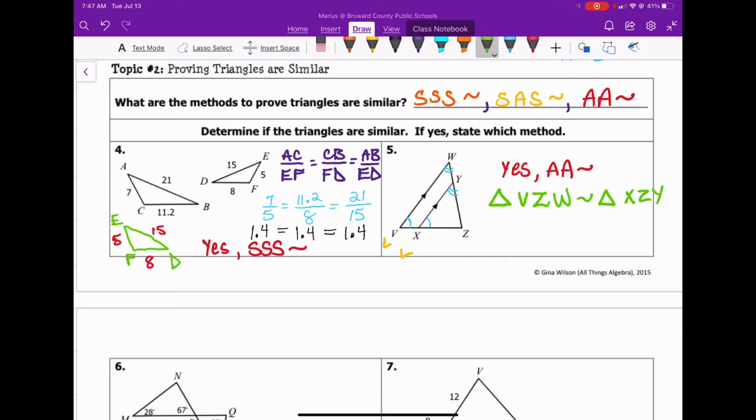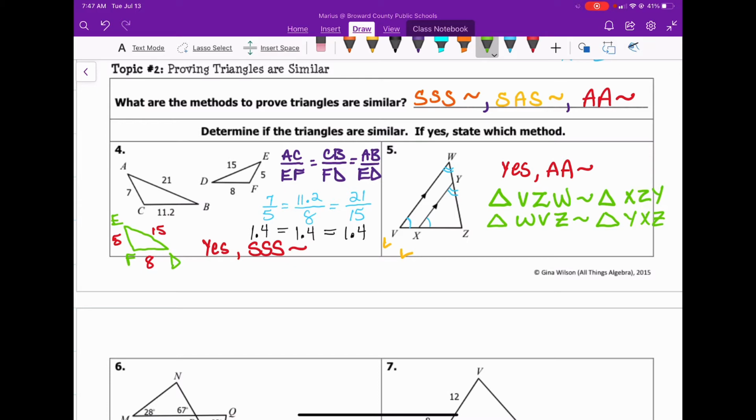And you can change the order. For example, I could have written triangle WVZ, but then I would have to say that that's similar to triangle YXZ. The order doesn't matter as long as both triangles go in the same order.